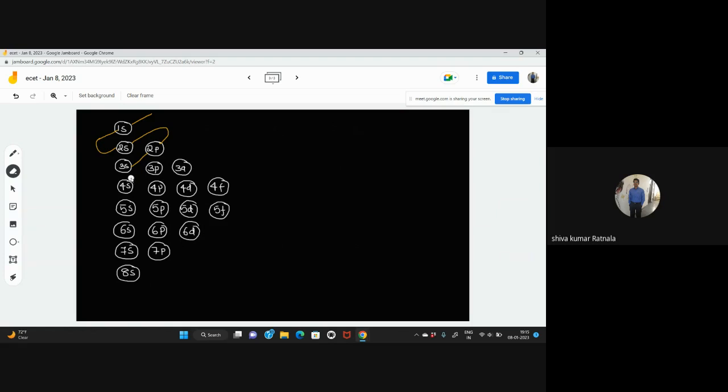After 3s, what we can write? Okay, let me write like this. We will erase this. First we will write like this, 2s, then 2p, then we can write like this.